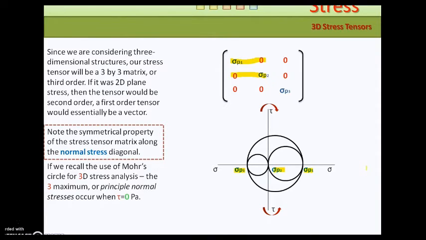And again, since this is the 3D case, we have 3 principal stresses which appear on the Mohr circle, and they occur when the shear stress tau is 0, and our stress tensor reflects that change as well.